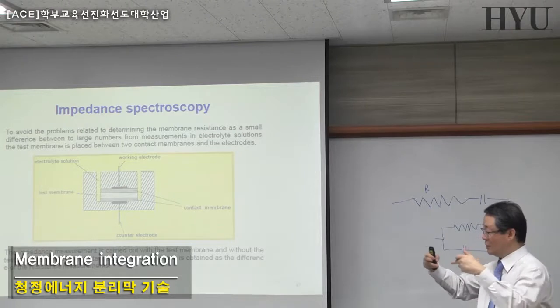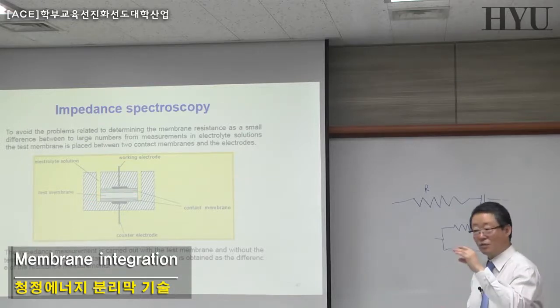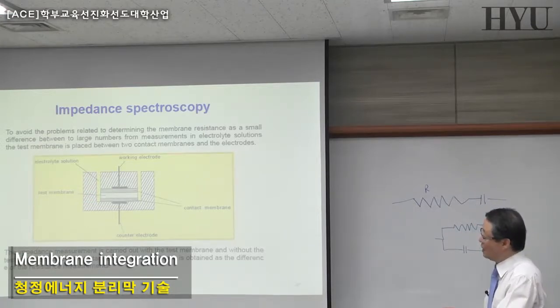You supply the electrolyte solution here, and if you put in the contact membrane, which is a sort of reference membrane, you can minimize the error between the working electrode and the test membrane. In this way, you can prevent error generation.